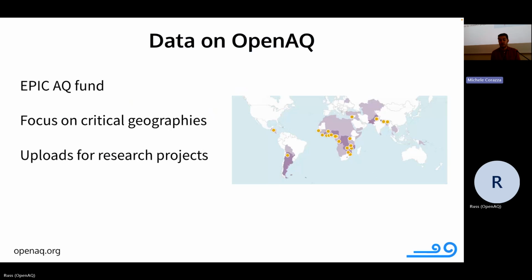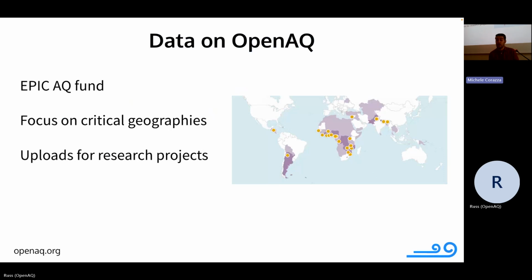And we're seeing great success with this, with lots of new projects across Ghana, Democratic Republic of Congo, Pakistan, Malawi, Cote d'Ivoire, Senegal, and we're seeing data where there's never been monitoring data before. This is a really exciting new direction that we're going in.